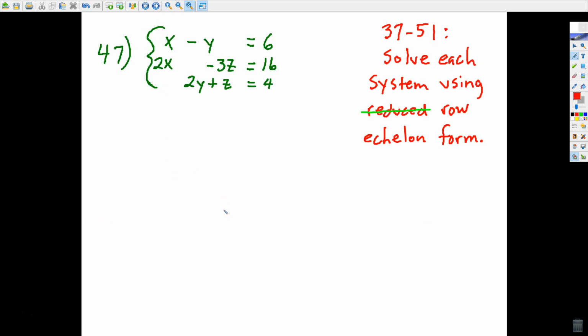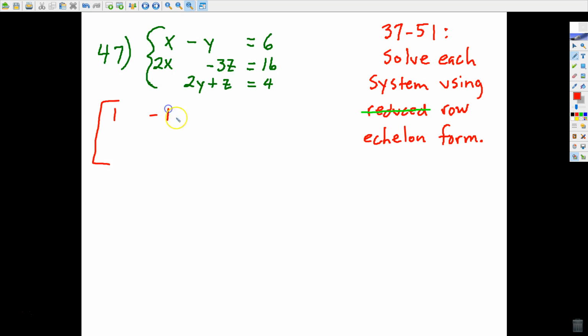Let's try a 3-variable system. So again, the first thing you should do is go ahead and write the augmented matrix form of this system.